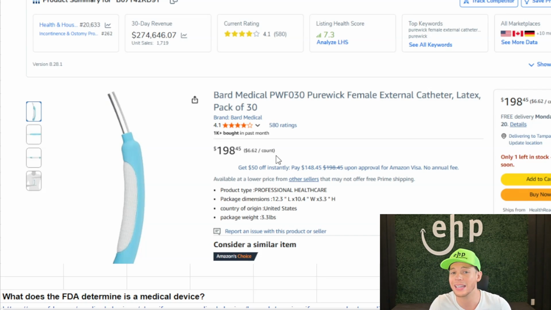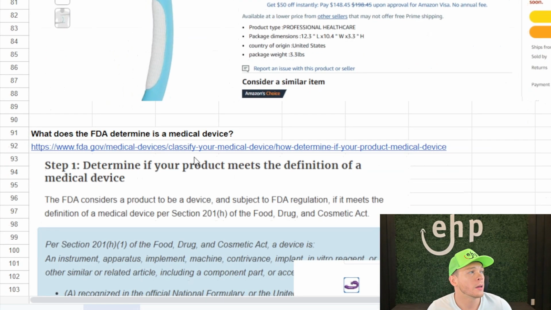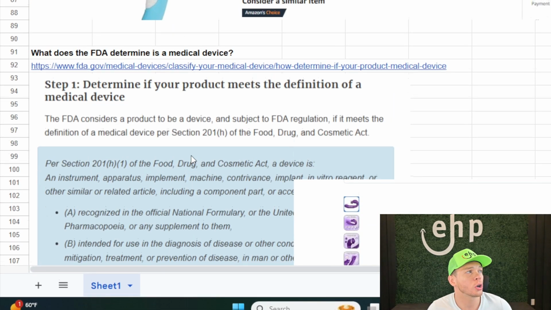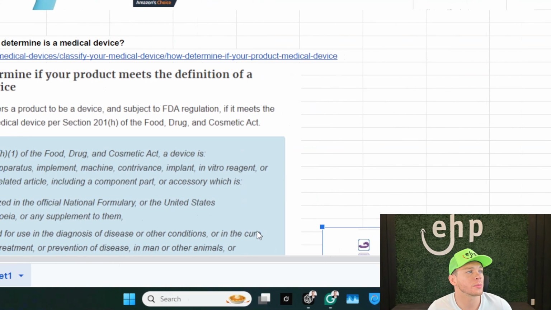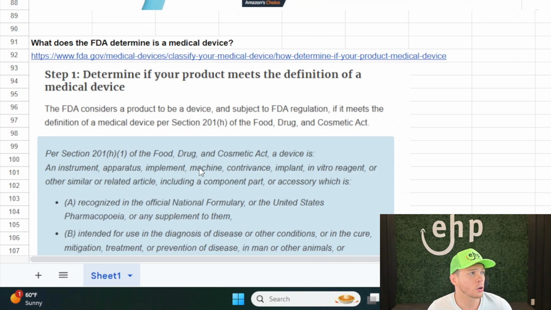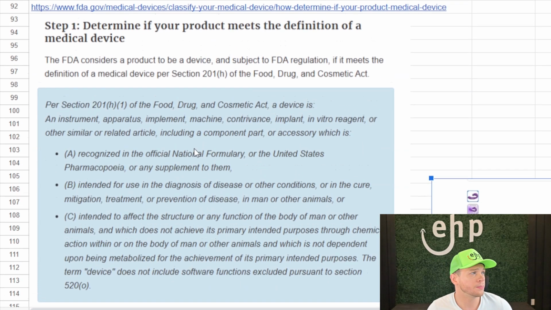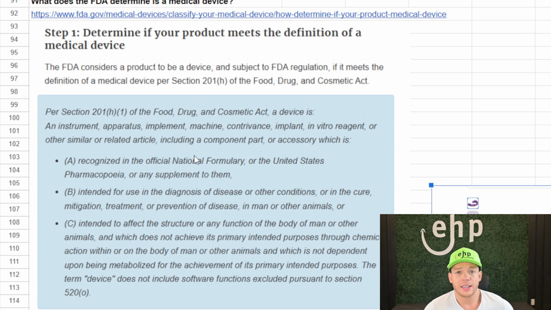If you have any claims, if your product looks like it solves a medical issue, the instructions, the packaging, you need to be very careful on that if you don't have FDA 510K approval or are not planning to get one. So this is the FDA's actual determination on what a medical device is. And it's a little cut off here because I'm going to be explaining some products. But right here, we can see per section, a medical device is an instrument, machine, implant, right?